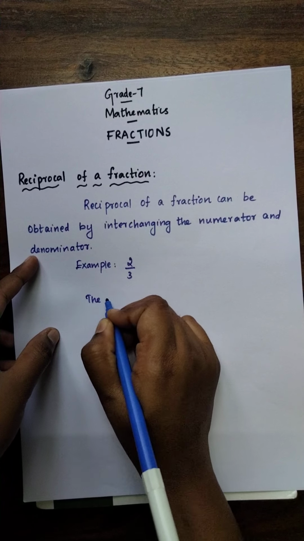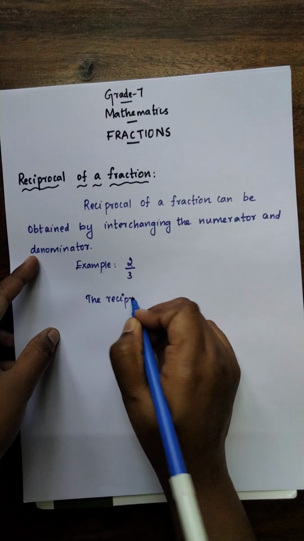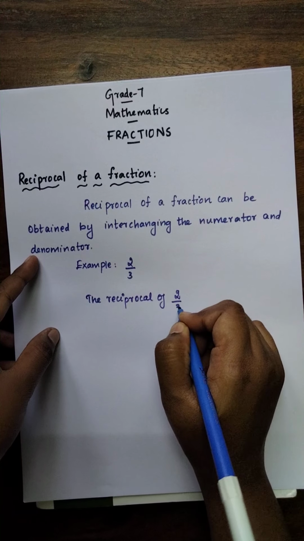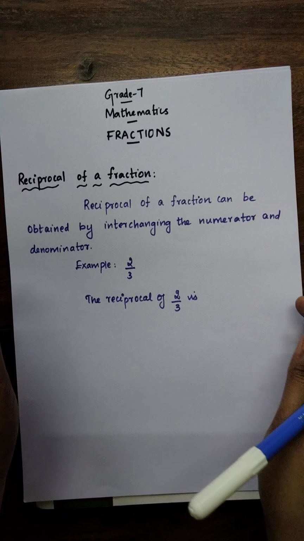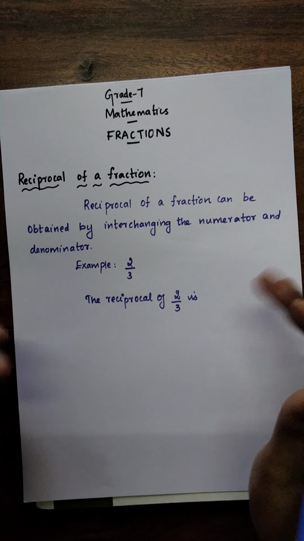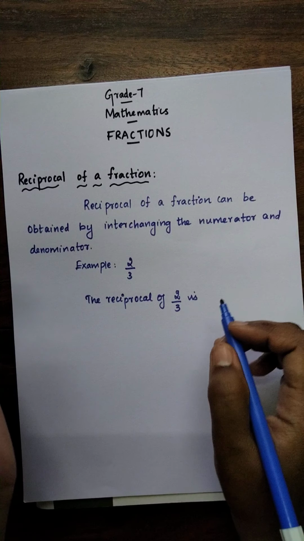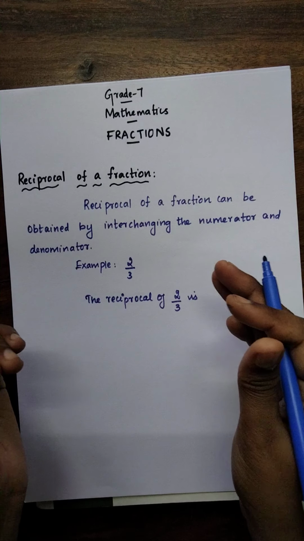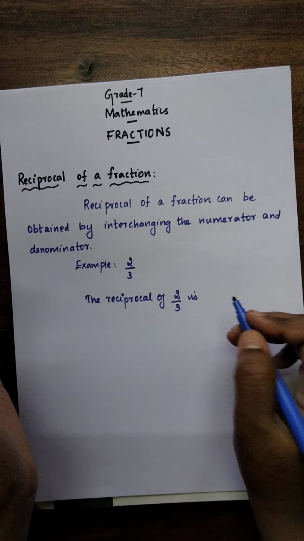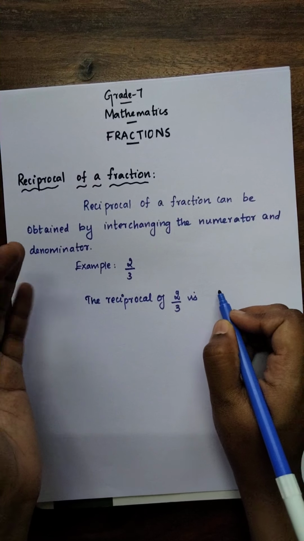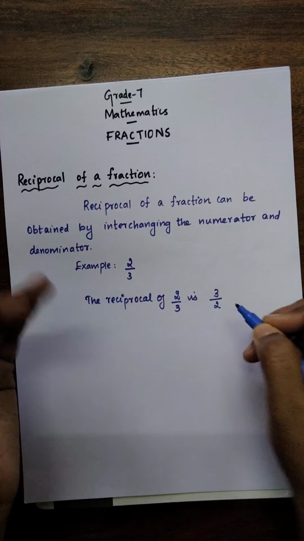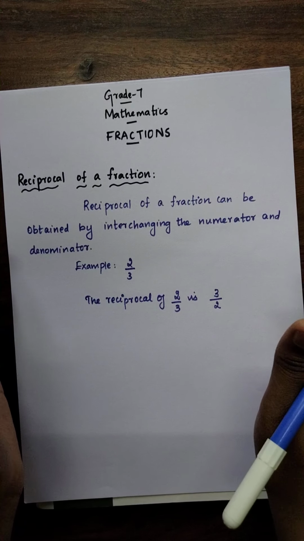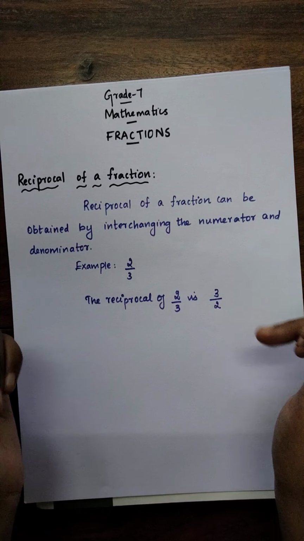The reciprocal of 2 by 3 is, as I said, interchanging the numerator and denominator.